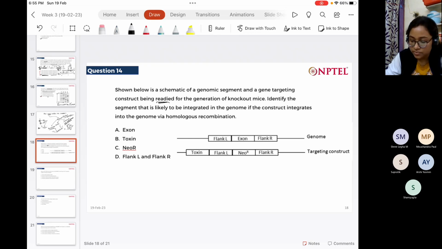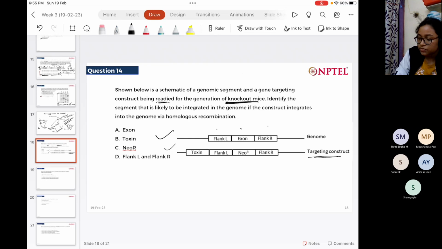So here we are trying to create a knockout mouse. I think they're saying global knockout. As you can see, there is no Cre or anything like that. This is a global knockout. So you have to identify the segment in the target construct, which segment: 1, 2, 3, 4, is going to get integrated in the genome?